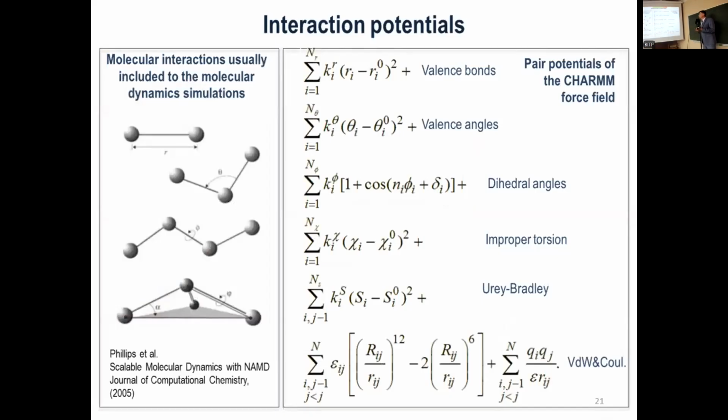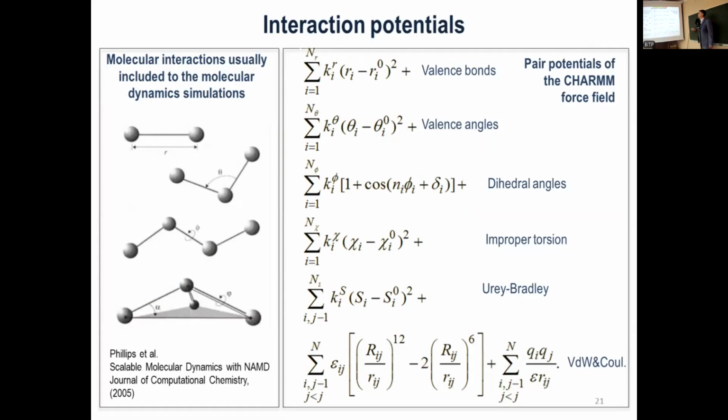So to calculate these trajectories within the framework of all the software packages, we need to know the interaction potentials, and in each of these software packages, the following interaction potentials are used approximately without changes.